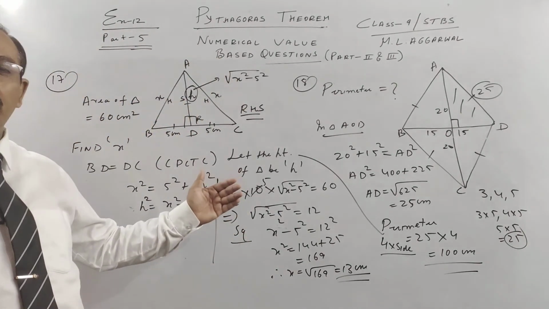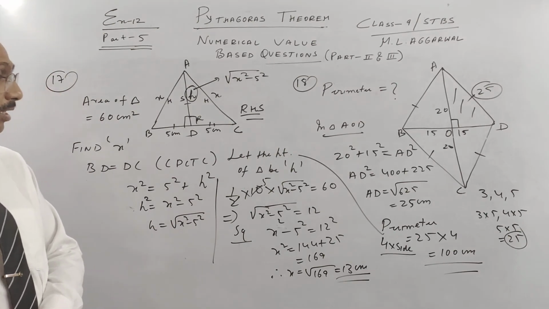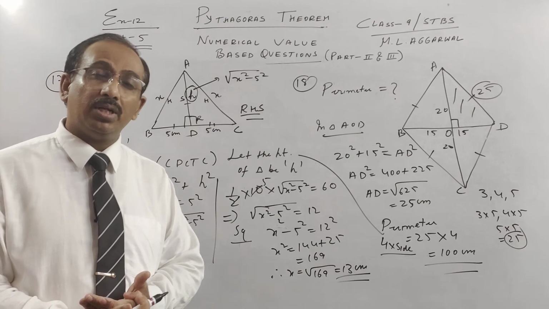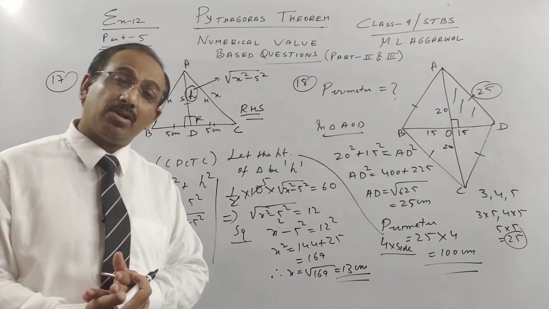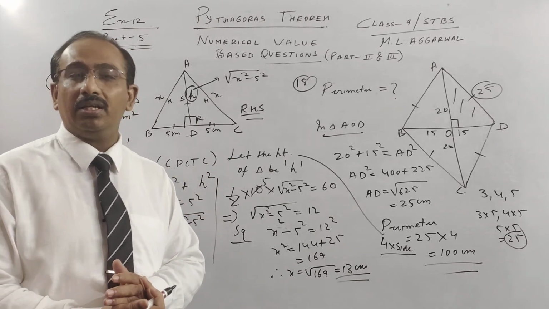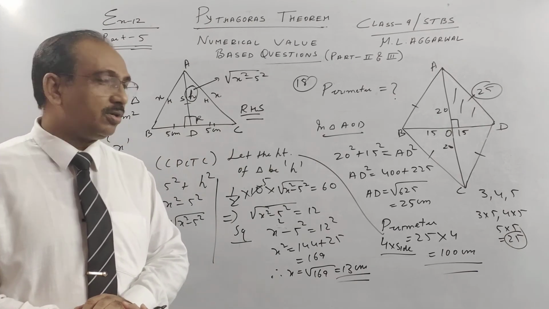As I was telling you in my previous video, if you want to study the main base of geometry, Euclid is called the father of geometry. I think Archimedes is called the father of mathematics. If you want to see detail of this very interesting study, just see Euclid's Elements, then a lot of detail you will get.